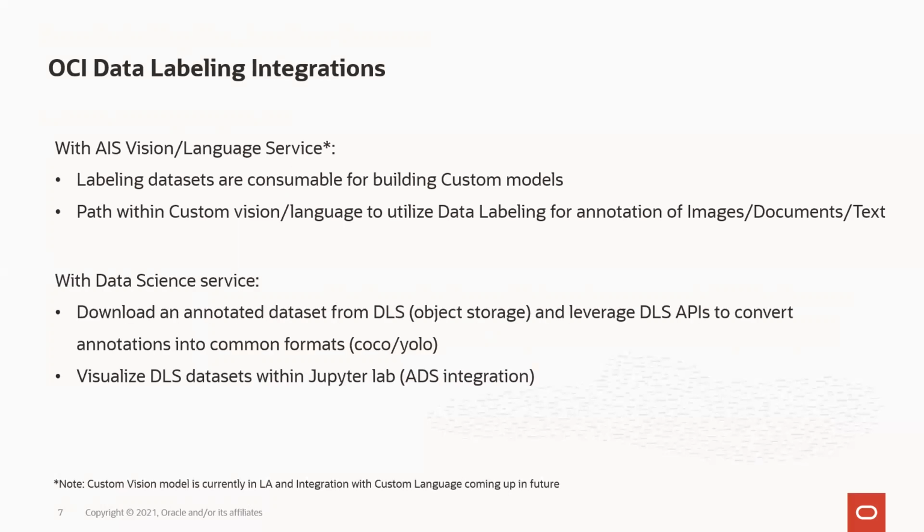And the next is the data science service. Again, as we talked about the persona, we could also have data scientists who want to do the initial annotation work and then use that to build custom deep learning models. What we are doing for the data scientist persona is allowing them to spend less time on data ingestion and transformation and more time in the model building process.